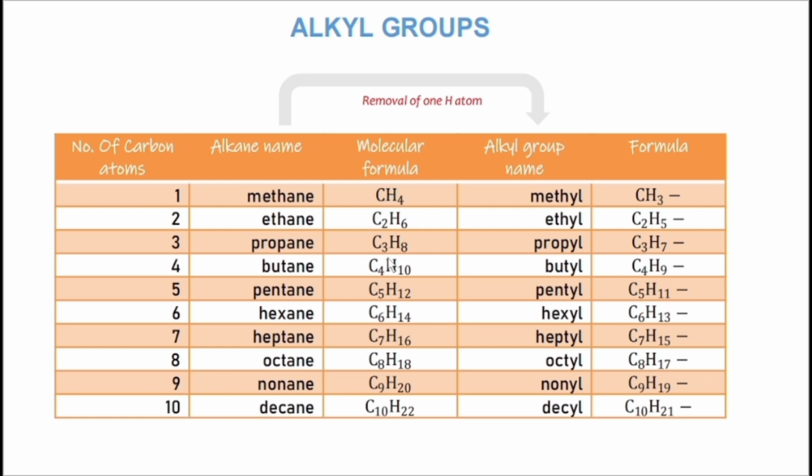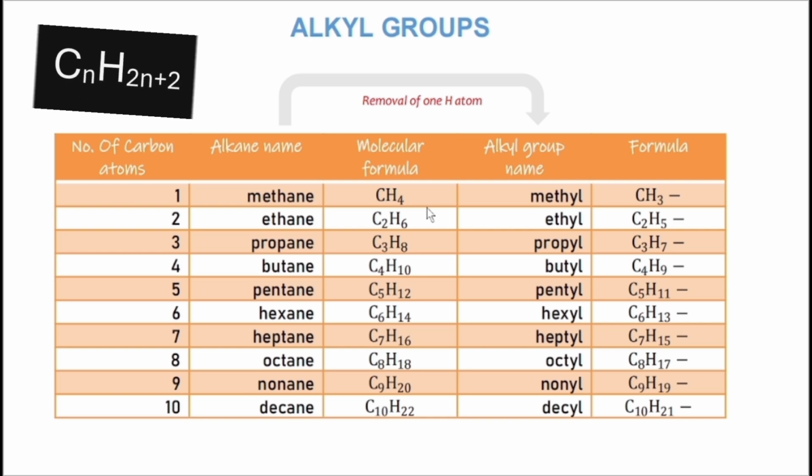So as you can see, the molecular formula also varies. The number of carbon atoms increases from 1 to 10 down the table, and according to that the hydrogen number also changes.